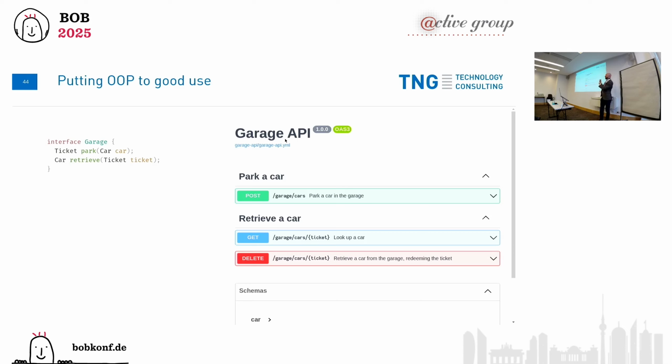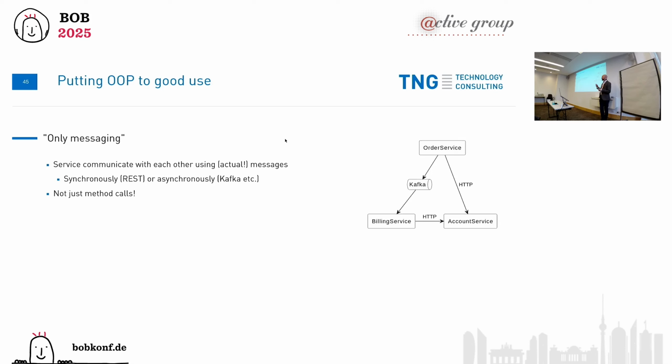The only messaging part is pretty trivial. Just looking at our standard REST API, that's JSON messages over HTTP. But in addition to REST, there's also other options like asynchronous messaging via message brokers like Kafka. Note that this also gets rid of the everything is an object notion.